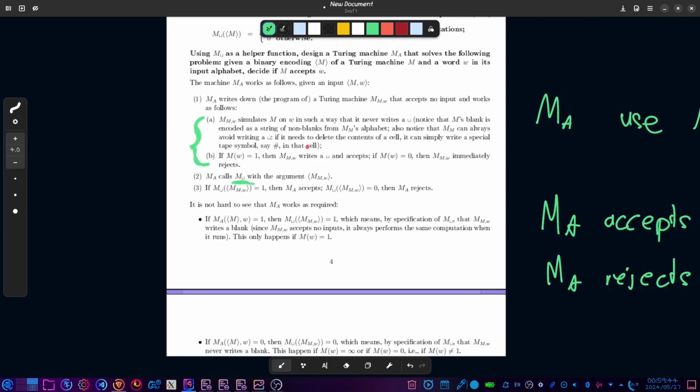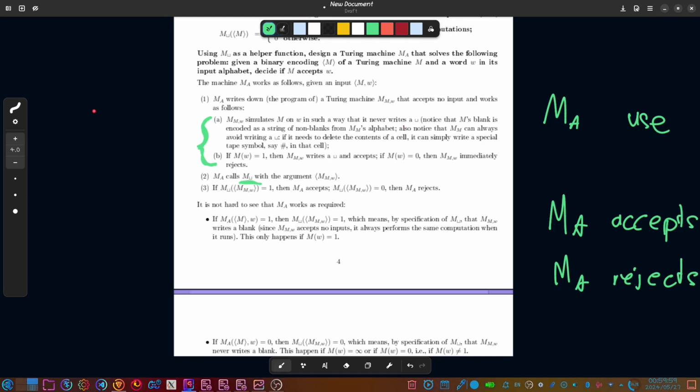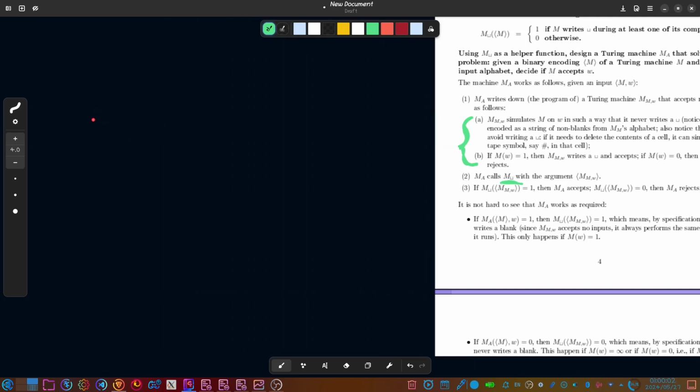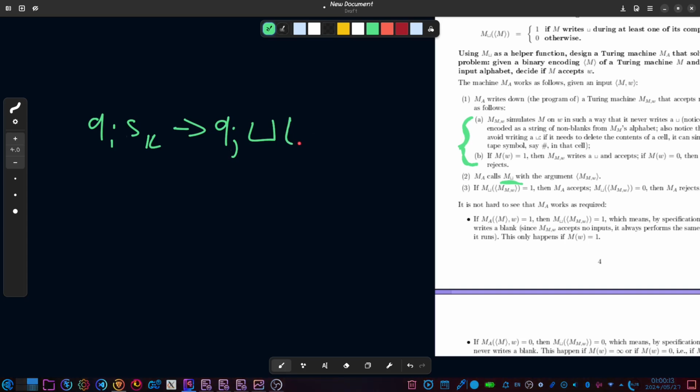So the way this Turing machine works is it's going to simulate M on W in such a way that M will never write a blank. So if M has a transition like Q_i, blank, Q_j, blank, left or right, instead of doing this, we're going to write some other symbol.